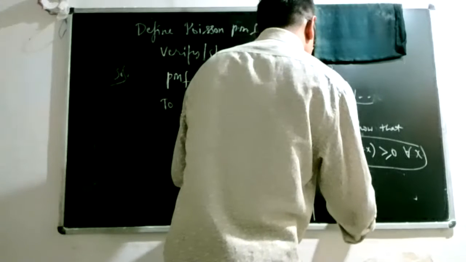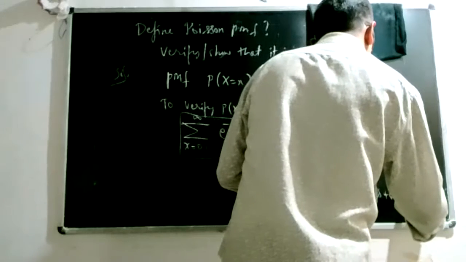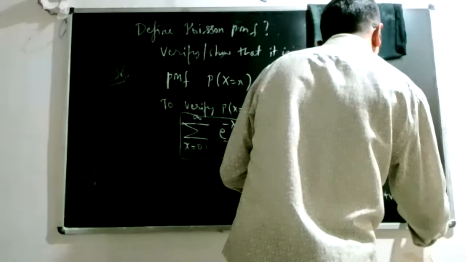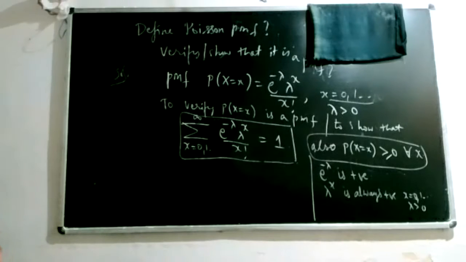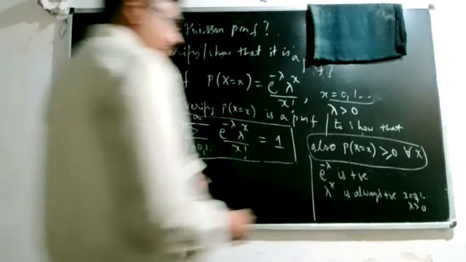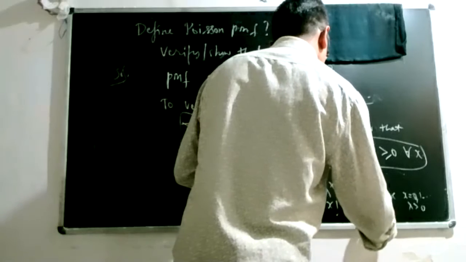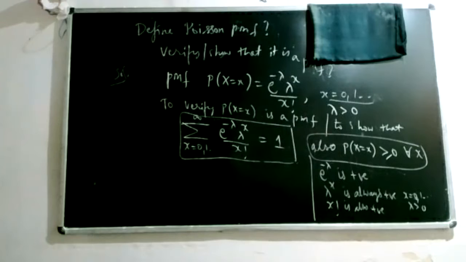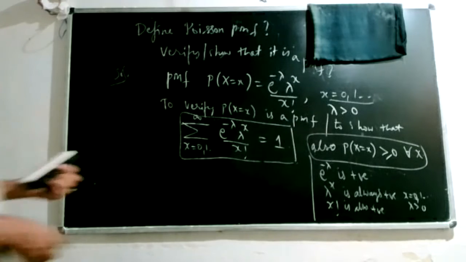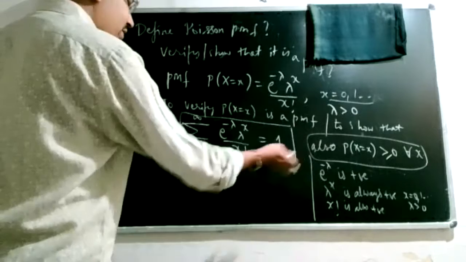Lambda power x is always positive because x is 0, 1 and so on, and lambda is greater than 0. So lambda is a positive number, x is a non-negative number, therefore lambda power x is always positive, and x factorial is also positive. So you are dealing with three positive terms, so their product and quotient is always positive. So this is easily observed. There is nothing to write or state there.